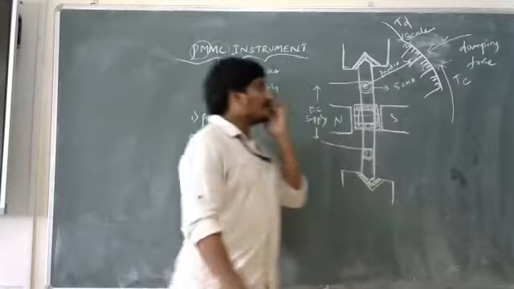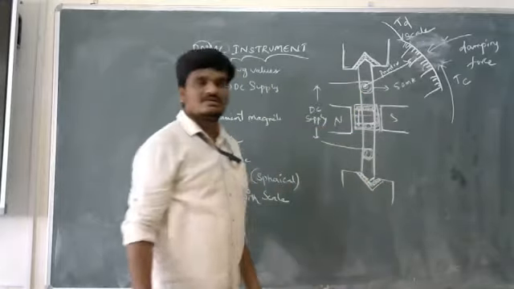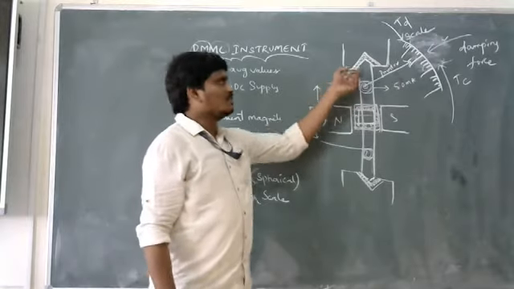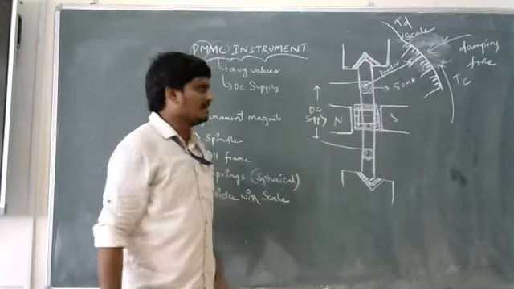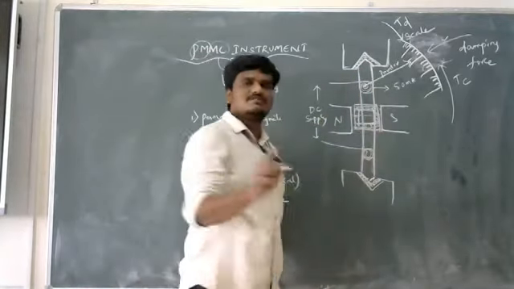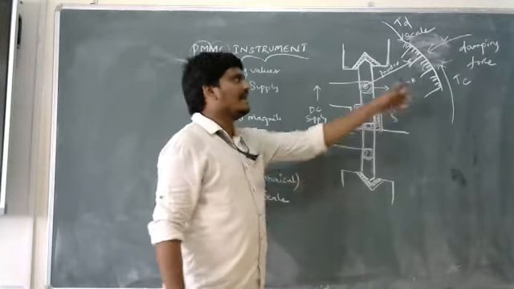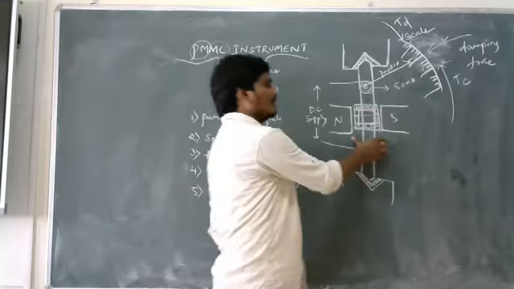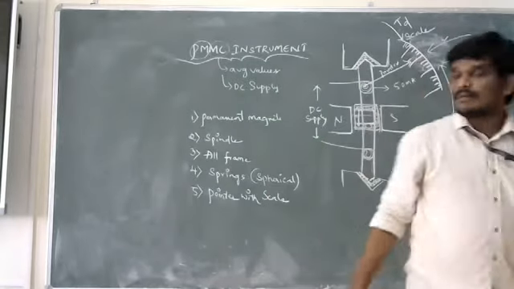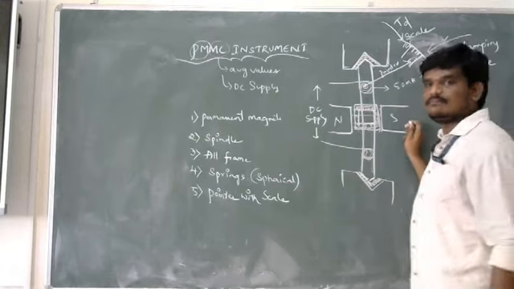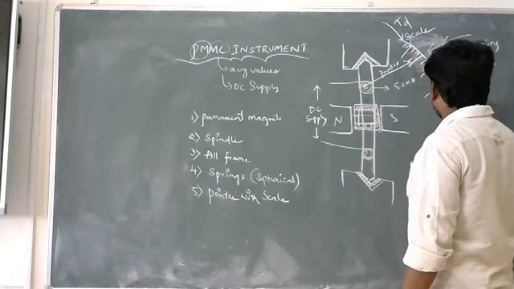Here, the deflection force is produced with the help of a magnetic field. The controlling force is produced with the help of the springs present in the given diagram, and the damping force is produced due to the permanent magnets. The damping technique we are using in a PMMC instrument is eddy current damping.